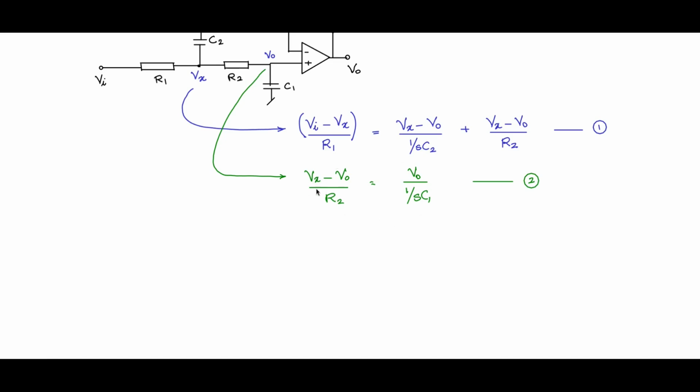From this equation we can find Vx in terms of V0 as (1 + SC1R2) into V0. So using this in equation 1, you should be able to obtain the input-output relationship.